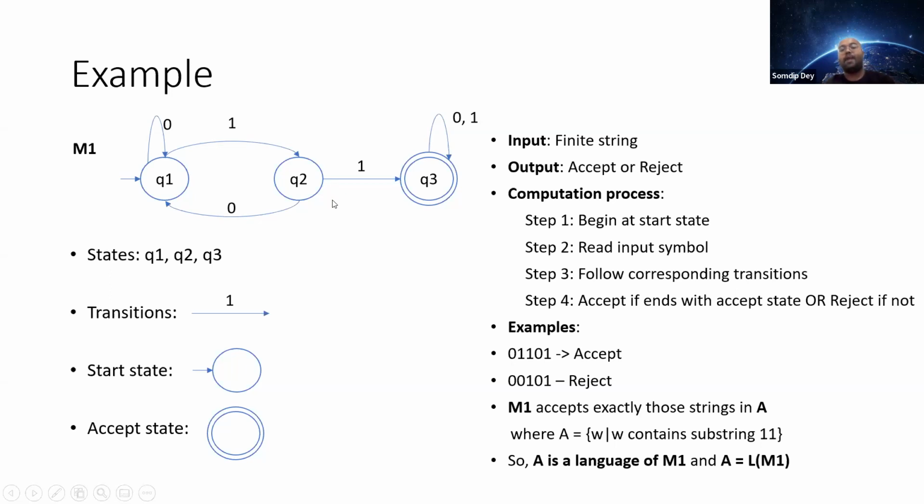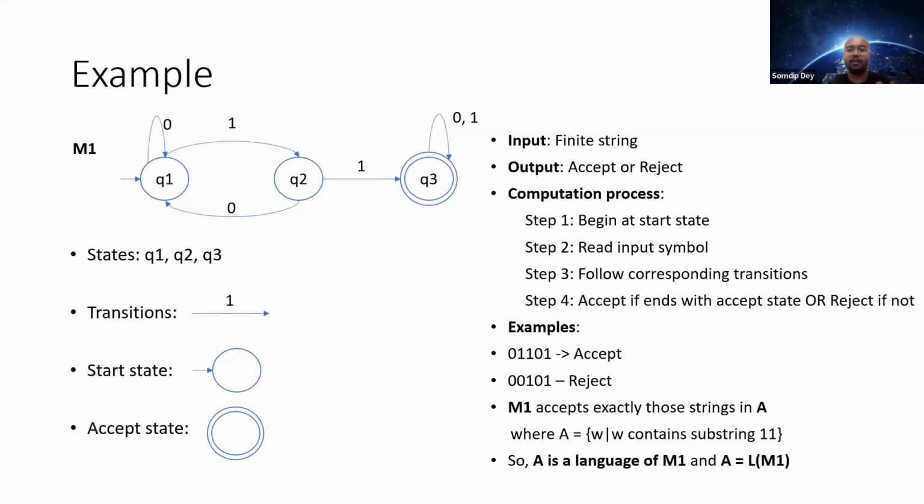By that meaning, M1 accepts exactly those strings in A. A here, let's call it a language, which is a set of strings. So M1 will accept the language A if A contains the substring 1 1. So this machine will only be valid for that language.